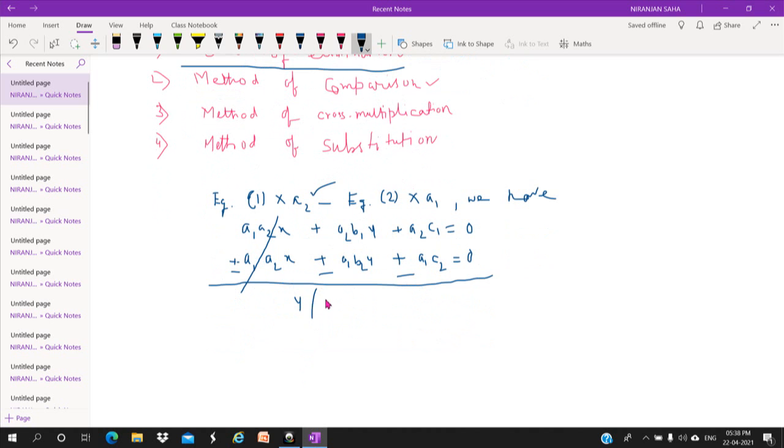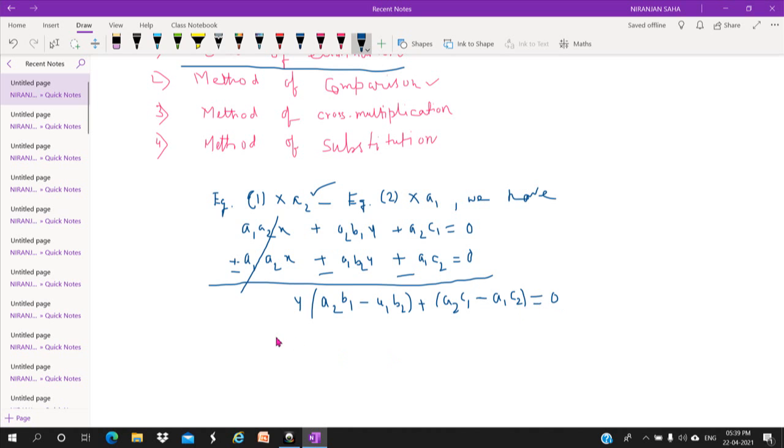It will be a2 b1 minus a1 b2, plus a2 c1 minus a1 c2 equal to 0.